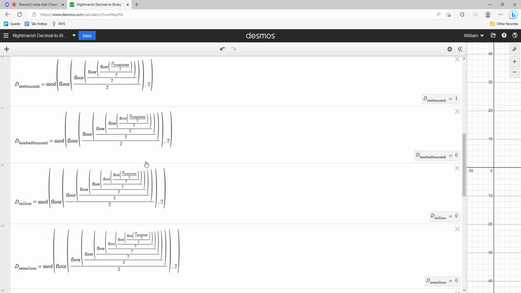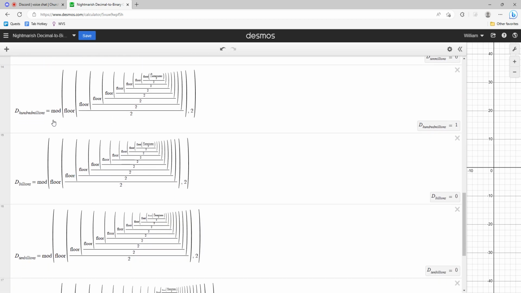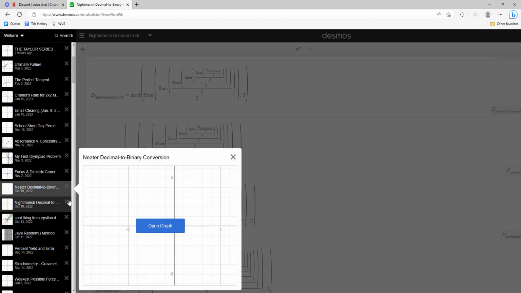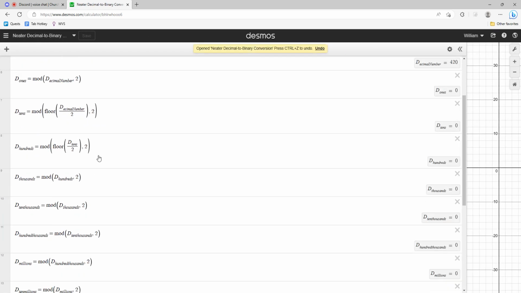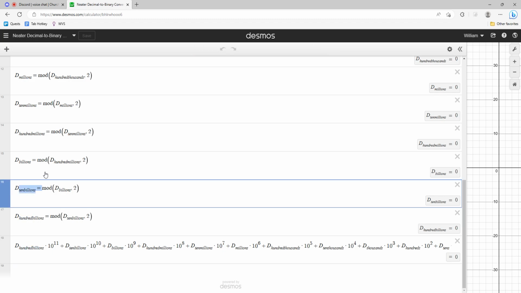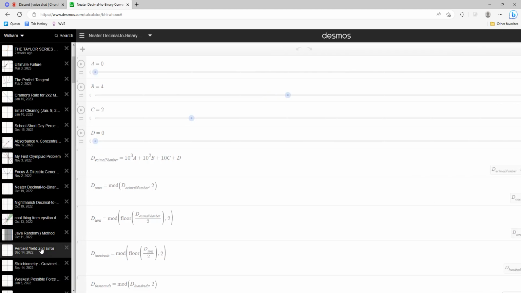I don't know how you would simplify this, because it does have a pattern. It's just, I'm not sure how you would simplify that pattern. But, decimal to binary. It says neater, but at its root, it's still using recursion, as you can see here. It's based off of previous ones.